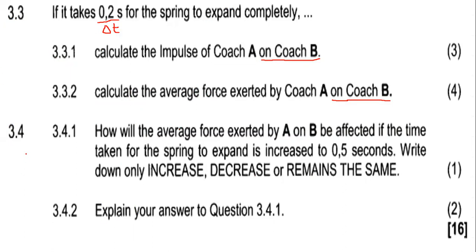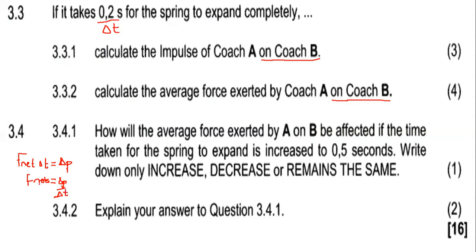Now remember, my dear learners, when you take that formula, F net delta T is equal to delta P. If you rearrange this formula and say F net is equal to delta P over delta T, so it's still the same formula, just rearranged.